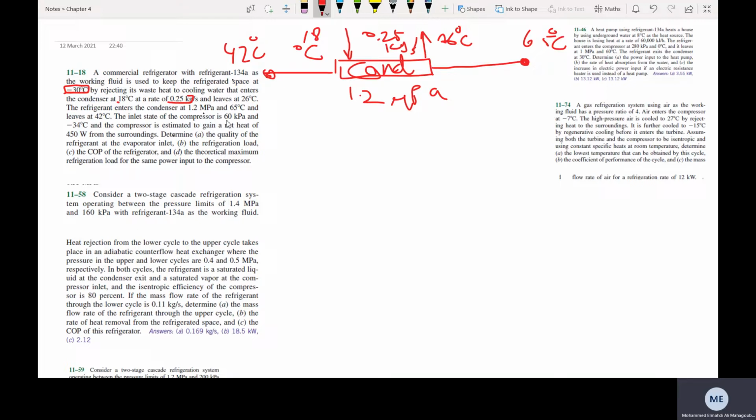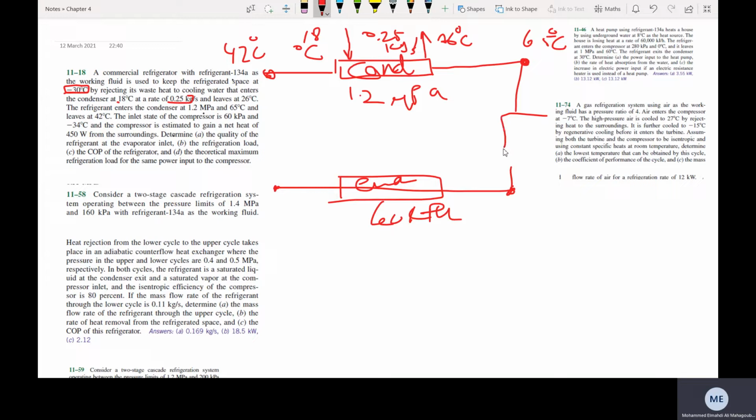Now the inlet to the compressor is 60 kilopascals. So the lower pressure, the evaporator pressure, is 60 kilopascals, and here's our compressor.